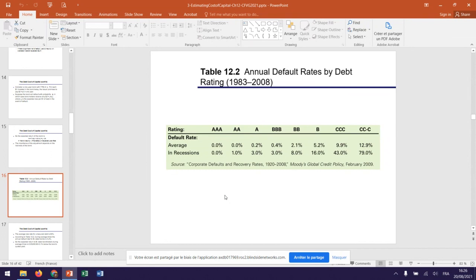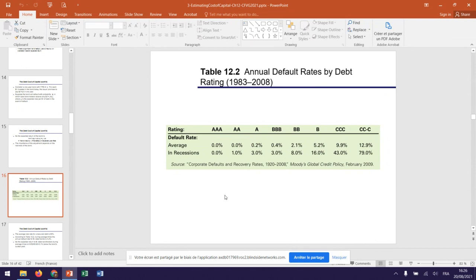You know what Moody's is, right? Moody's is a rating agency. In case of recessions, like the pandemic or economic recessions, the triple A bonds are still 0.00 something, while triple B goes to 3%, double B goes to 8%, and triple C bonds go to 43%.